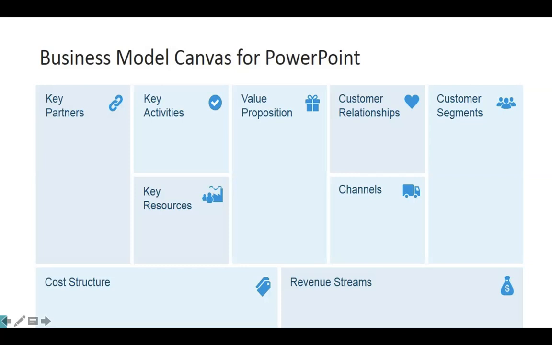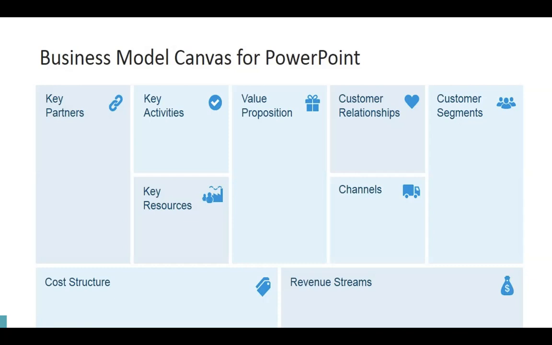Let me go back to an earlier comment where someone asked, do you have an alternative form for nonprofits? And the answer for that is no. But a nonprofit could easily use this exact same business model canvas.